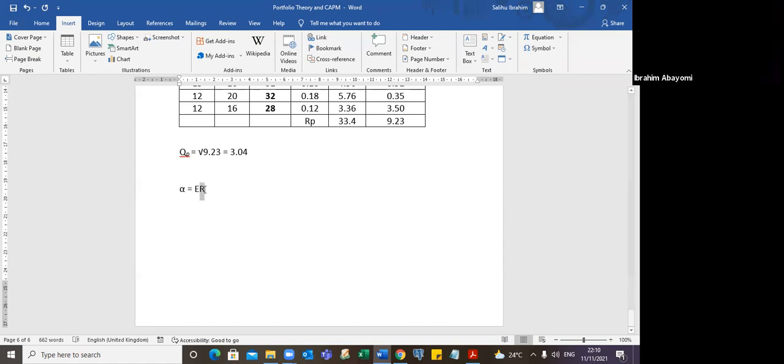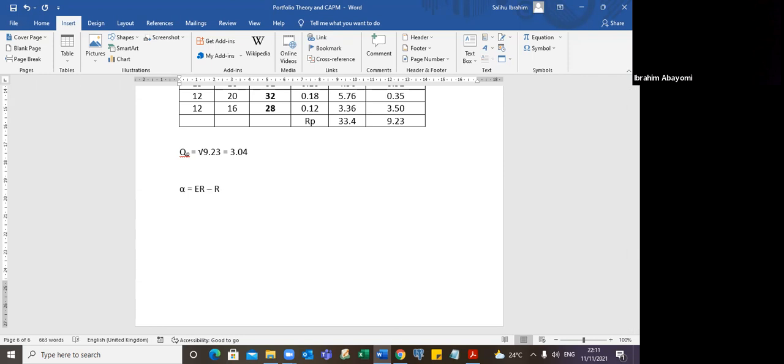I will not write ER if I'm writing in my notes. It's because I'm writing on a Word document that I put ER, expected return. But normally, it should be R with a bar on top of it. I think we have done this in our previous class, expected return. So the difference between this and what we call required return is your alpha value. That is our alpha value.